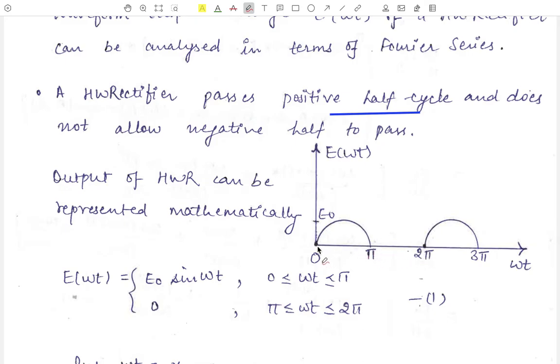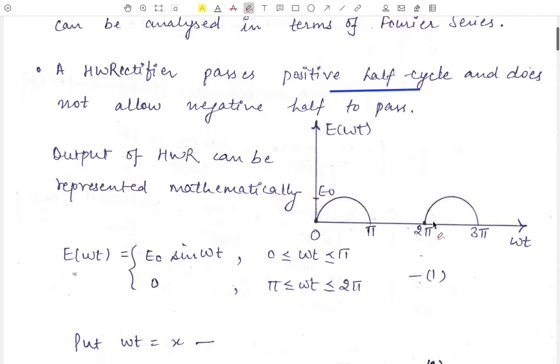For example, here from 0 to pi, that is the positive half cycle in the input, the output is here visible with the maximum of E naught or with the amplitude E naught. But for the negative half cycle, that is from pi to 2 pi, the output is 0 here.